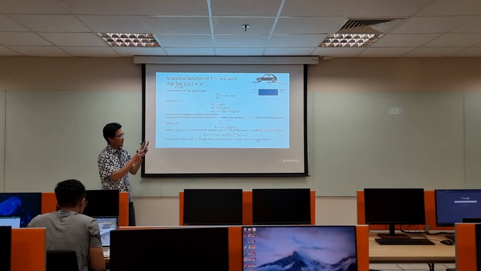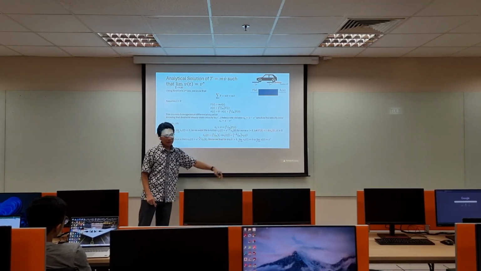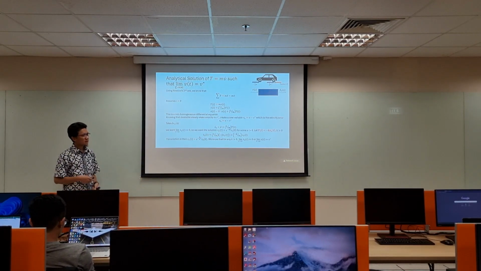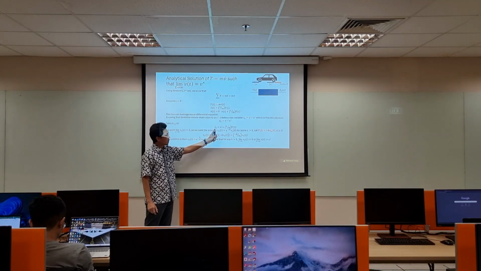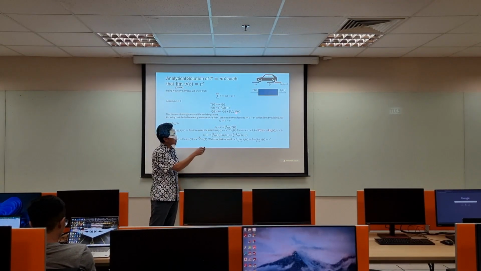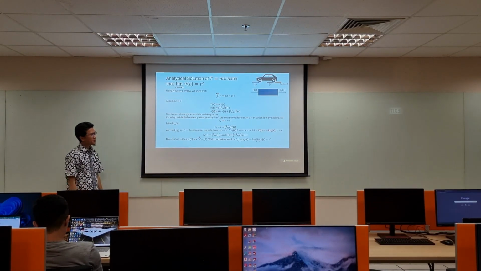We take the time derivative, but because v star is a constant, the time derivative of v star is just 0. So because v e dot is equal to v dot, and v dot is just that one, we move the 1 over m times T to here.